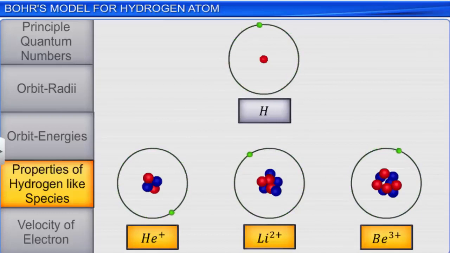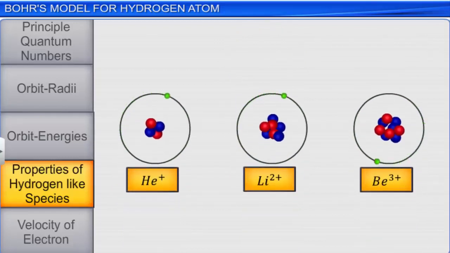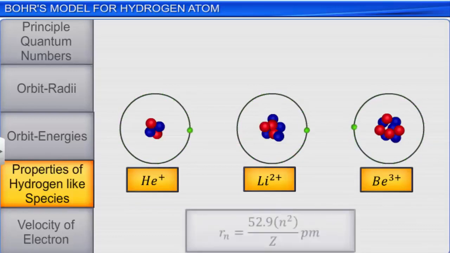The energies of the stationary states of hydrogen-like species are given by the expression En is equal to minus Rydberg constant multiplied by the square of atomic number divided by the square of principal quantum number. The orbit radii of these ions is given by the expression Rn equal to Bohr's radius multiplied by the square of principal quantum number divided by the atomic number.